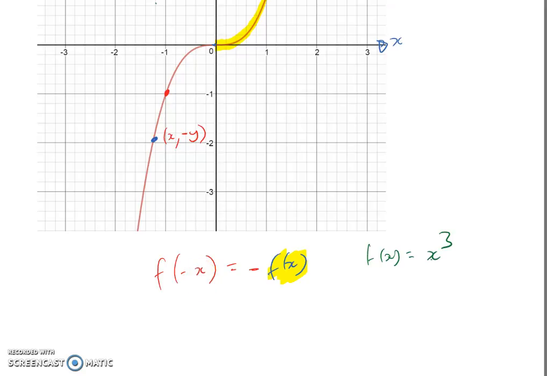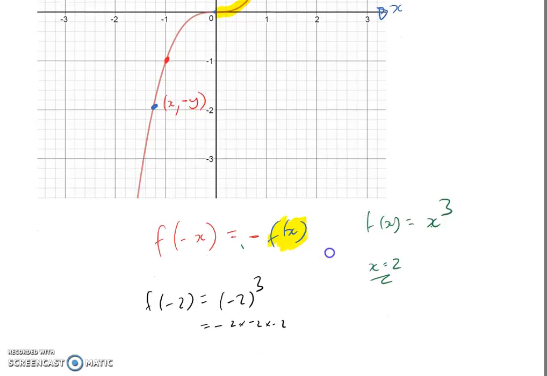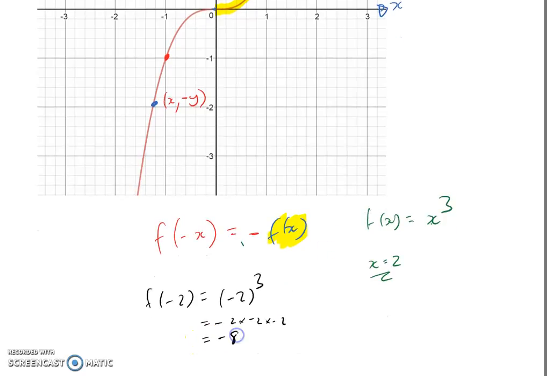So again, let's do an example. If x was 2, let's look at the right hand side first. Subbing in 2, you'd get 8. So f of -2 should give you -8. So let's just check that. f of -2 equals -2 cubed, which equals -2 times -2 times -2, which gives you -8.